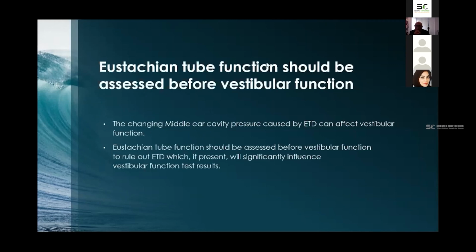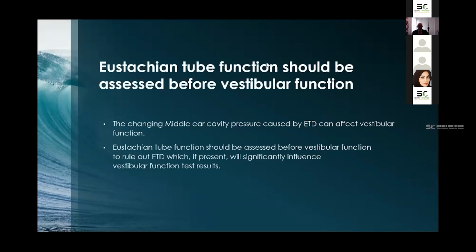So why should Eustachian tube function be assessed before vestibular function? The changing middle ear cavity pressures caused by ETD can affect vestibular function. Thus, the test results can erroneously indicate vestibular organ dysfunction, when in fact the vertigo symptoms stem from dysfunction of the Eustachian tube.